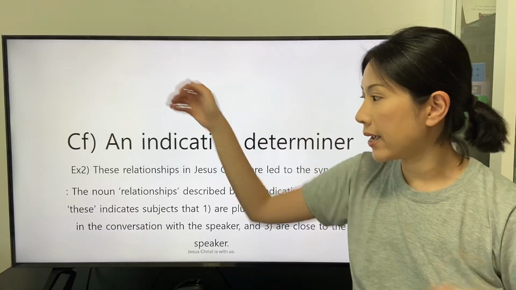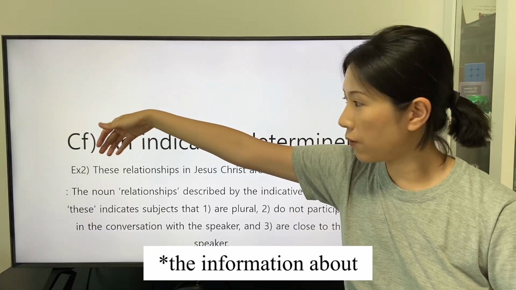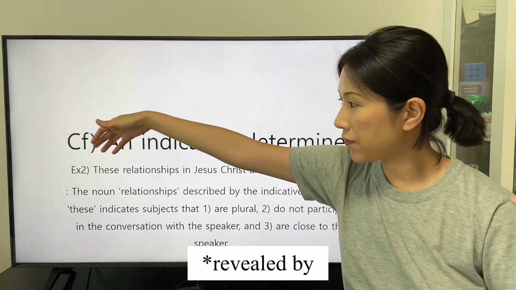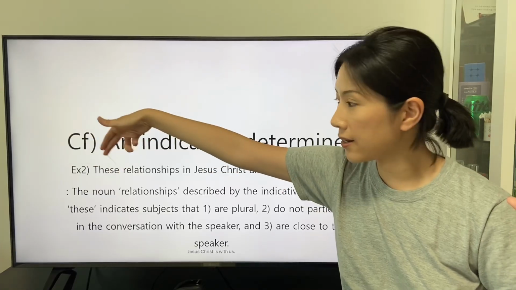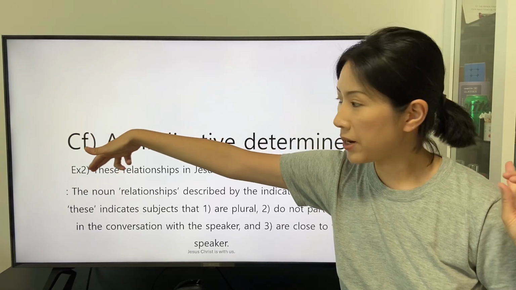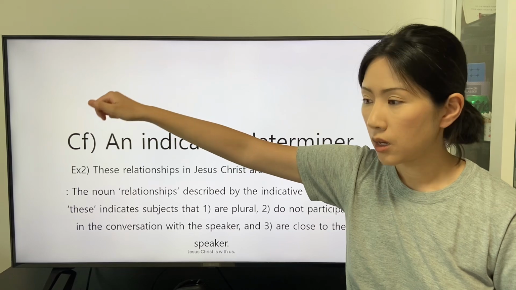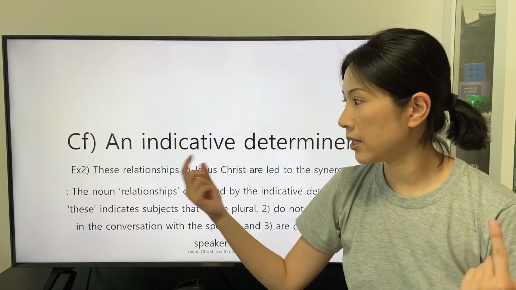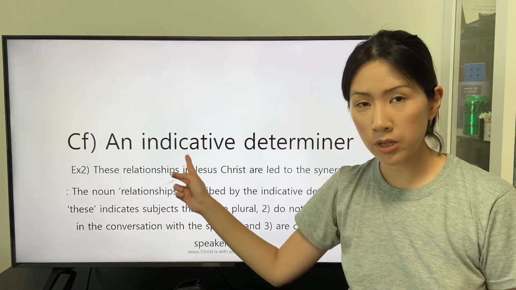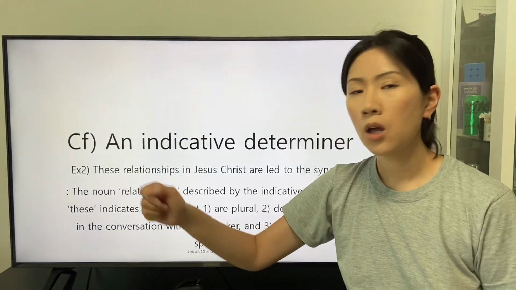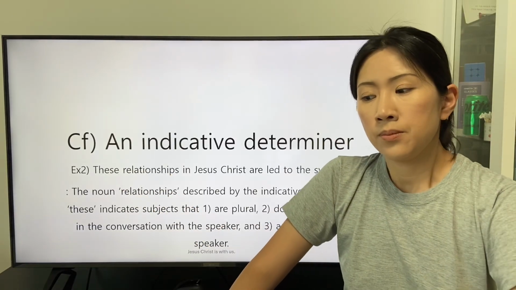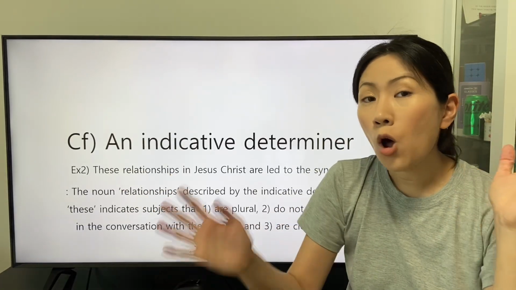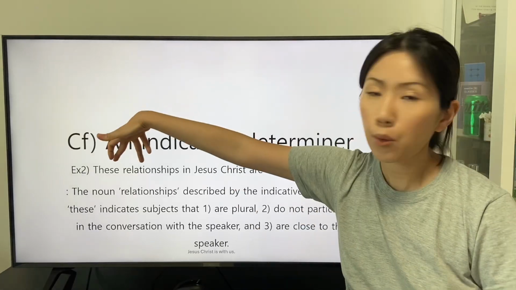We can see that the information about the number revealed by the indicative determiner these and the general noun relationships is accorded as plural.